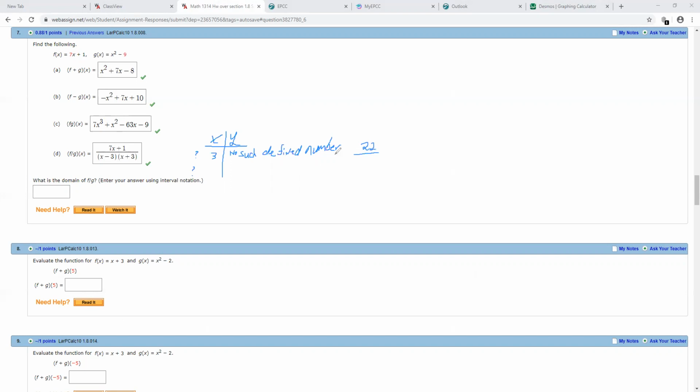But in the denominator, you would get 3 minus 3, which is a 0. And I hope it's okay, I'm going a little faster here. And 3 plus 3 would be 6. But then, Griselda, what's the 0 times 6 going to be in the bottom? 0. And then we get back to this, huh? So that's why 3 will not be in the domain set.